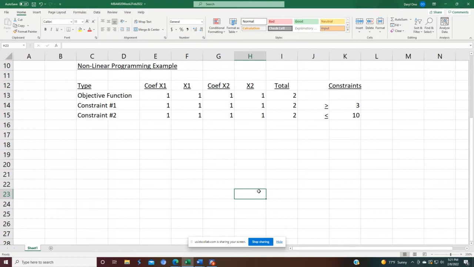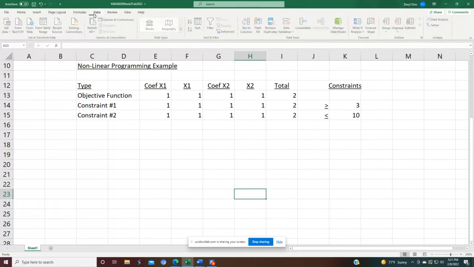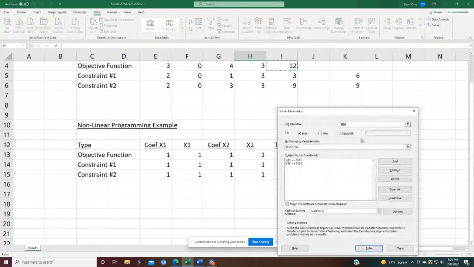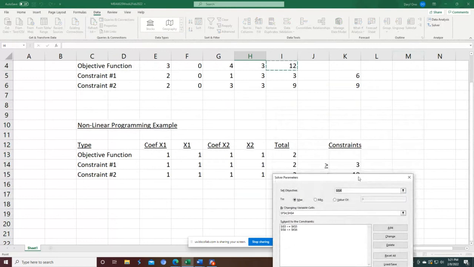But continue. Okay, here we go. Data. Solver. Move this down.